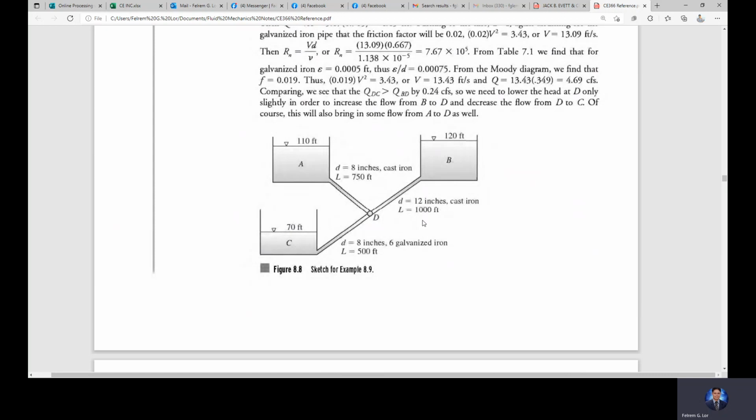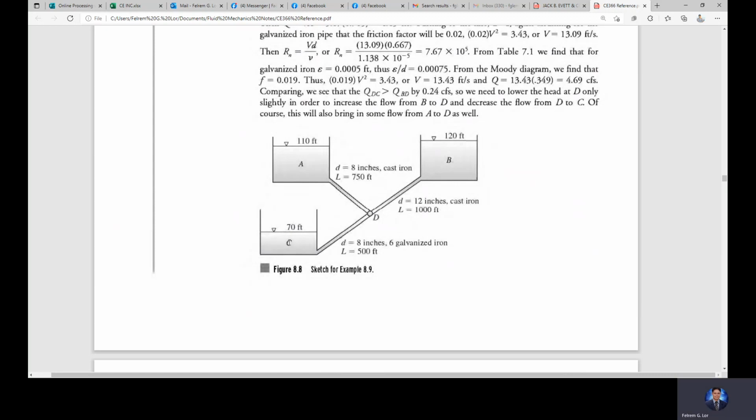So the problem is we need to determine the Q, the amount of water flowing along this pipe, and the direction. In this particular problem, since B is the highest reservoir, we know for sure that the water is flowing from B to D. There's no other way for it to flow, since it is the highest.